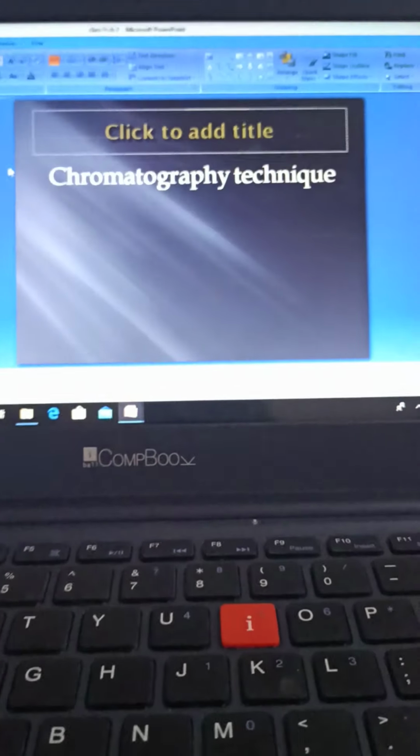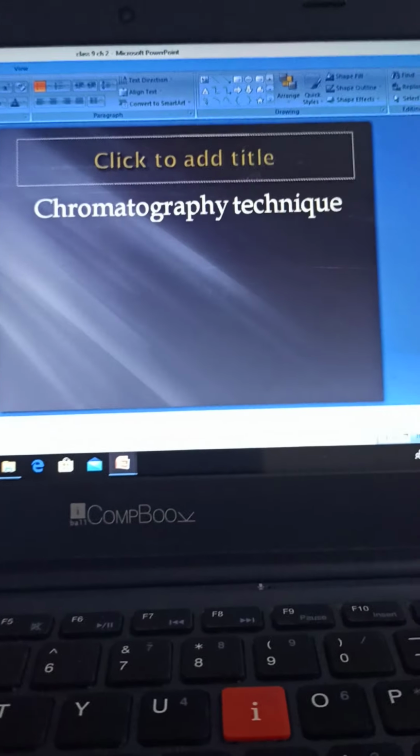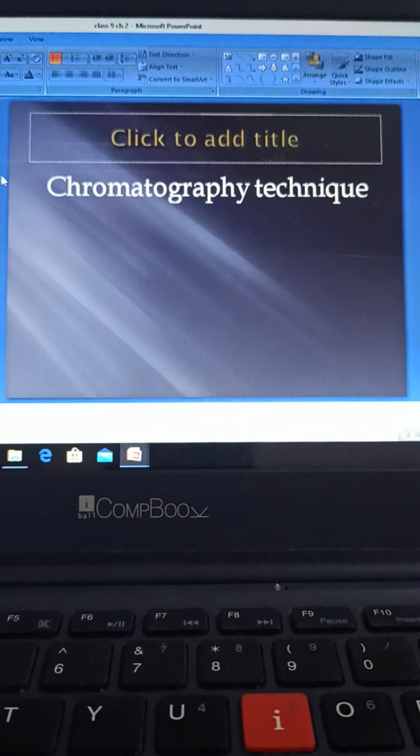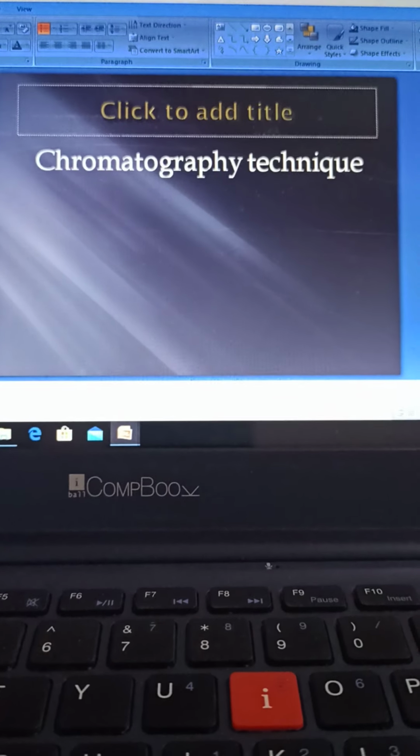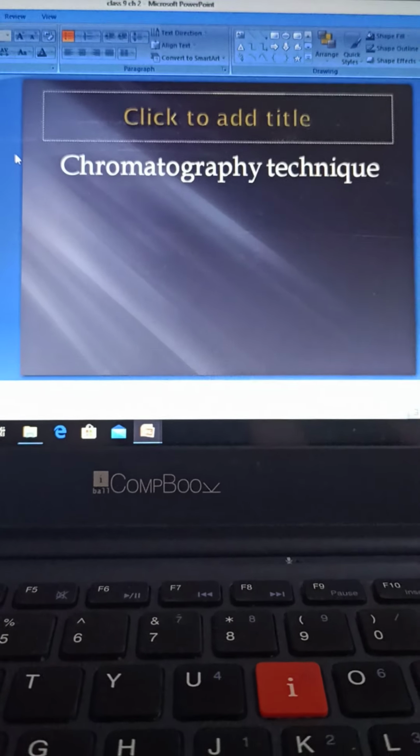Now come to the next technique, children. This is the chromatography technique. Chromatography is a very important and interesting technique, and it is not performed by only one method.